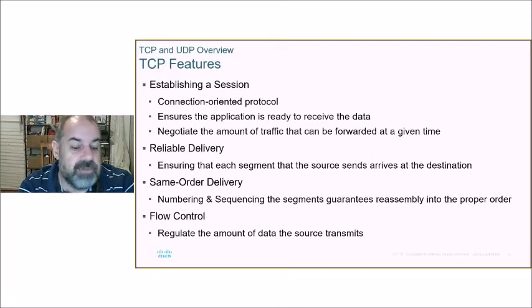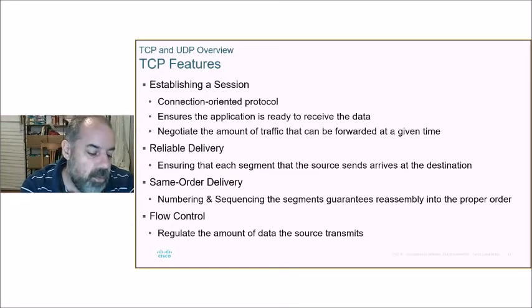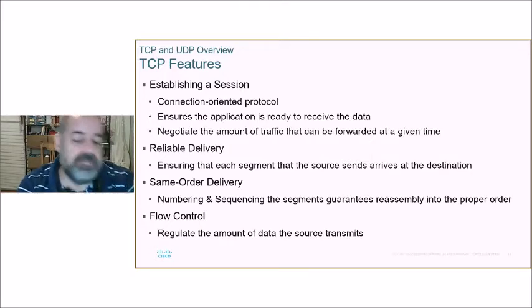It also does flow control so that a destination machine can't be swamped by too much data. Or maybe if there's congestion somewhere in the route from the source to the destination and segments start getting lost, it will slow down the flow so that it will lose fewer segments.